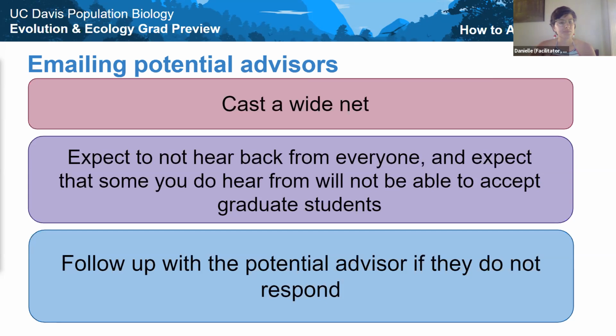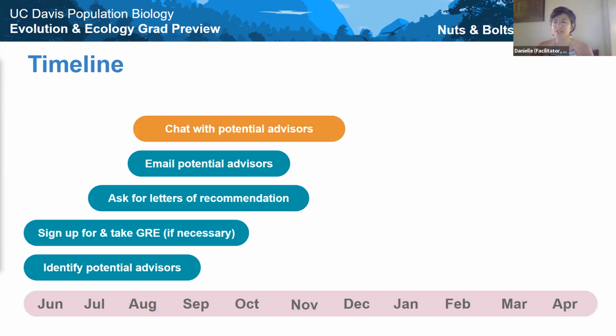That's the second point. Now we're going to talk about how to talk with them. Going back to the timeline, these things sometimes happen simultaneously. You could be doing this process for a few months, but you definitely want to have conversations with them before December.